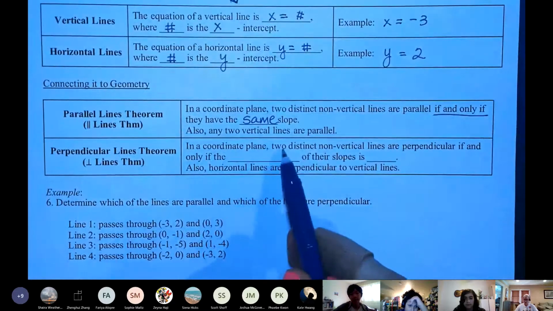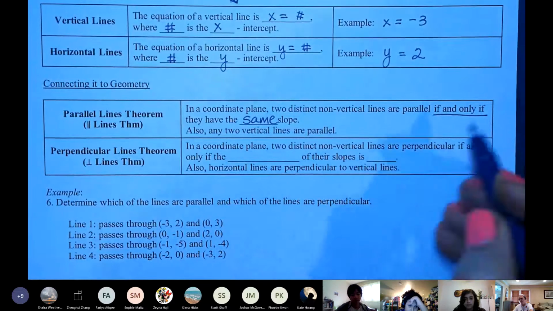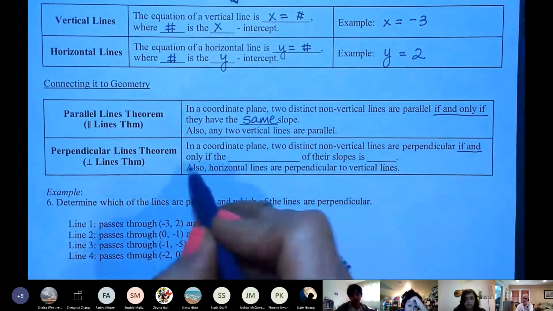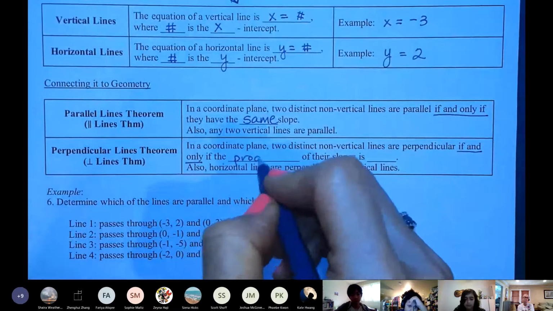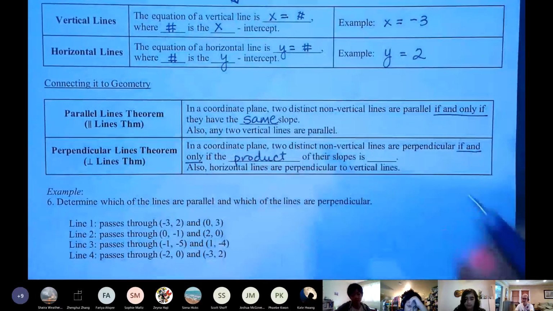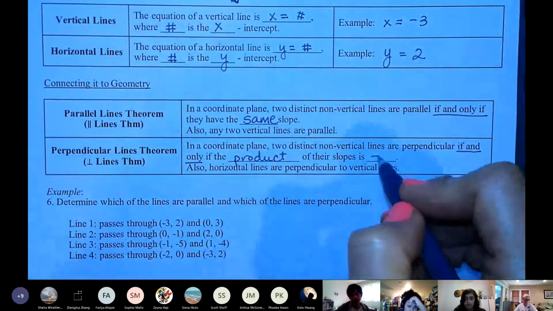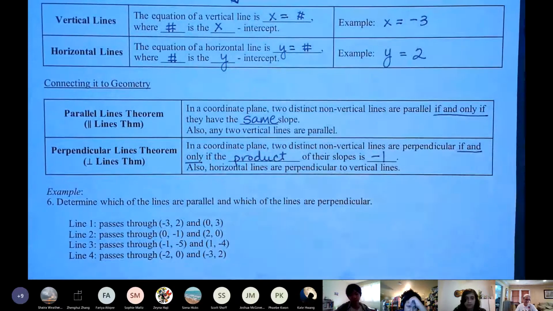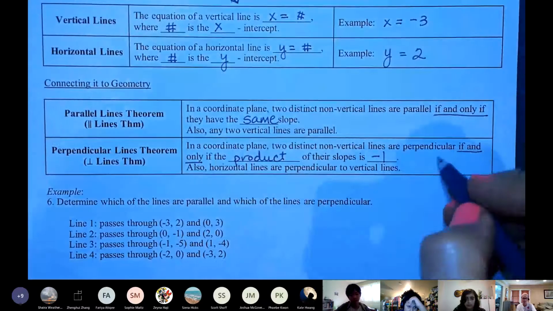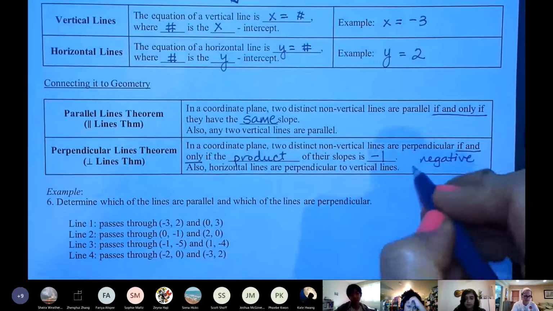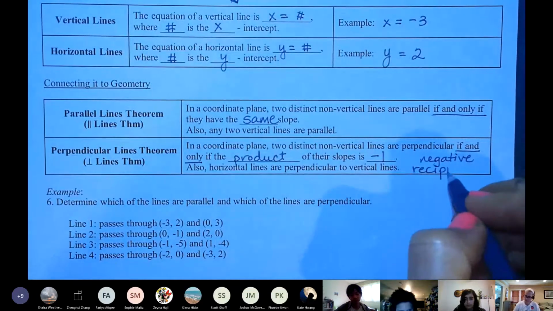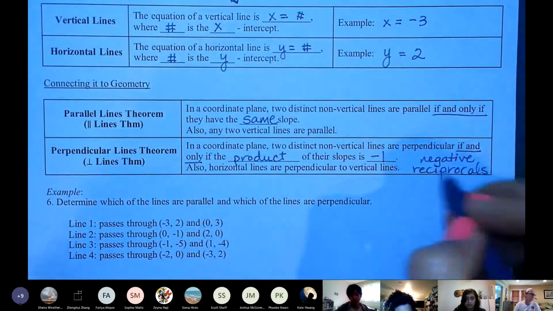If we have in a coordinate plane two distinct non-vertical lines, they are perpendicular if and only if the product, meaning when you multiply their slopes, you get -1. That means they're negative reciprocals. So some of you might think of it this way. Go ahead and add that onto your notes, negative reciprocals.